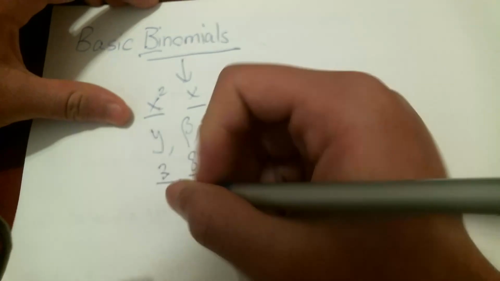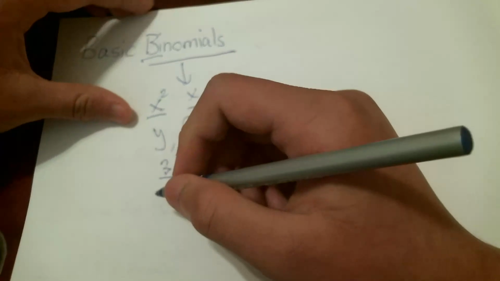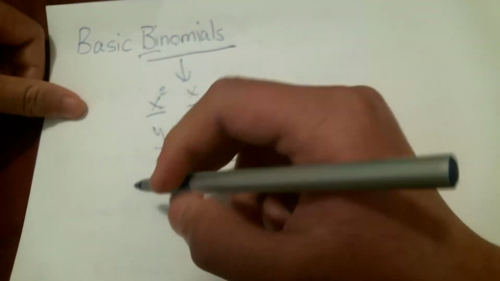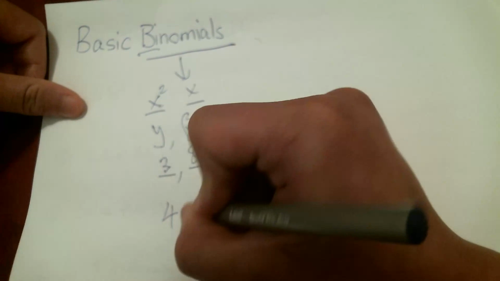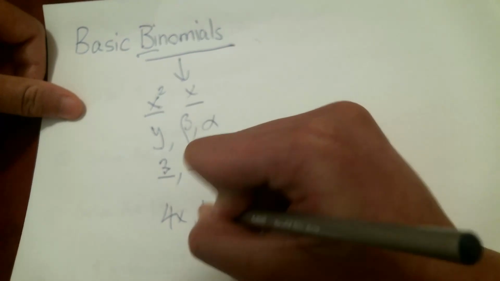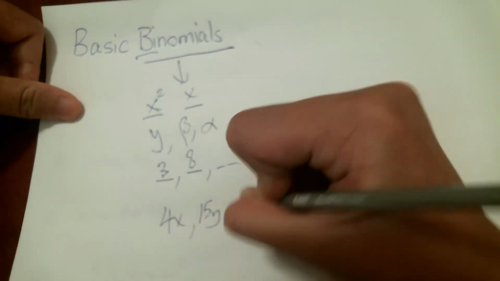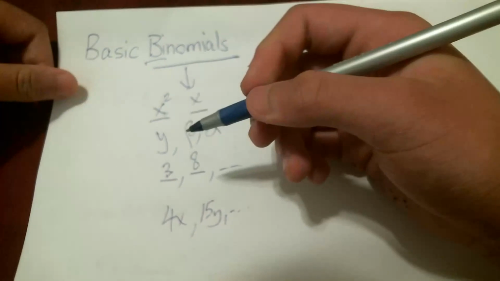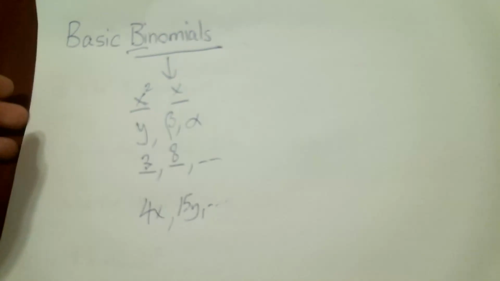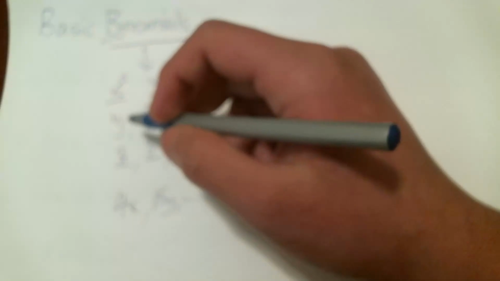Or they can be a cross between those, so variables with coefficients, like 4x, 15y, and so on. Binomials can be any kind of term, but they have two terms only, and that is a rule that must be followed.